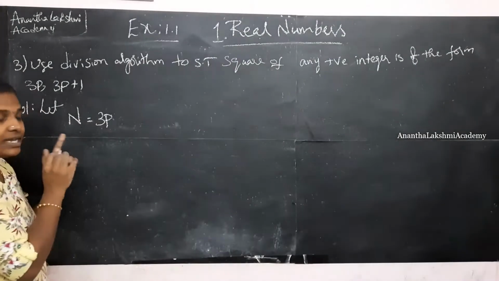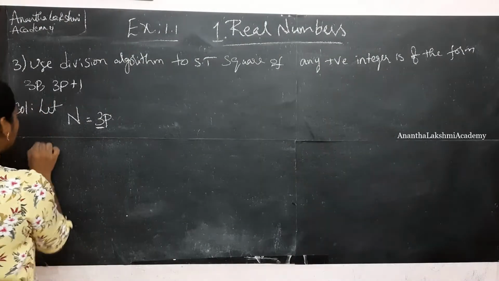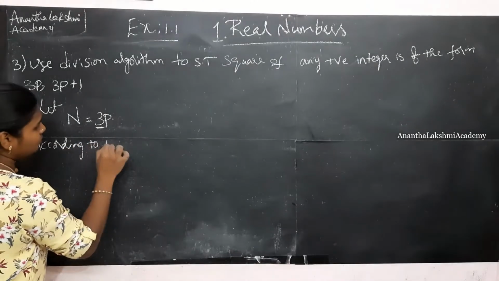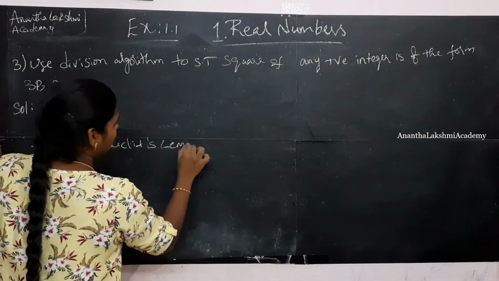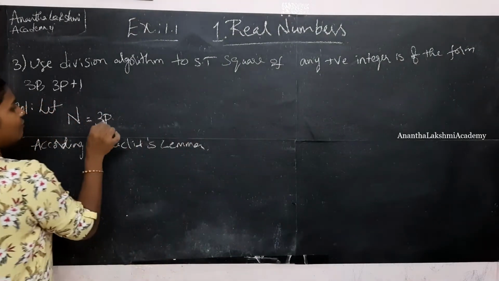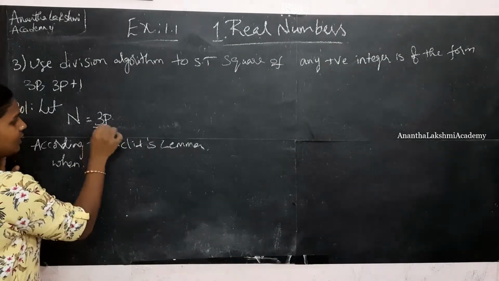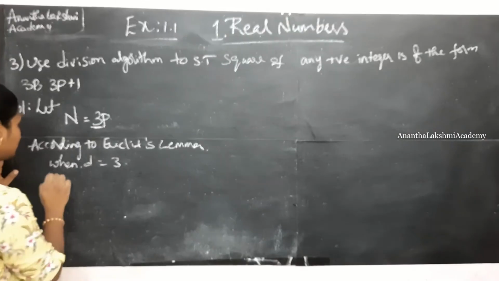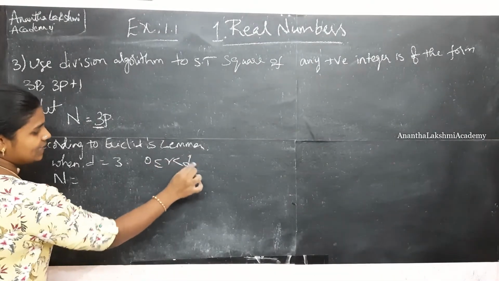What does this mean? It means that the divisor is 3. According to Euclid's lemma, when the divisor d is equal to 3, what are the possible outcomes of n? 0 less than or equal to r less than d, right?